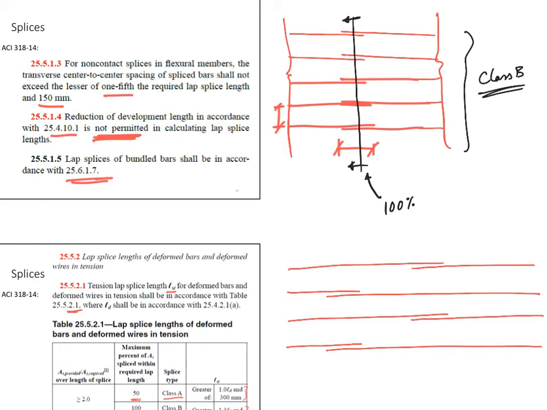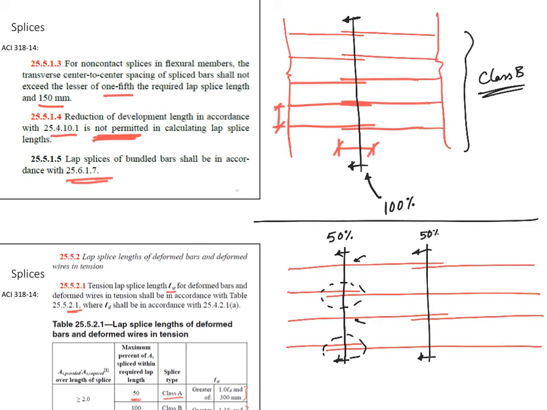So at any section of the splice, I have some of my bars being spliced, like this, and other bars not being spliced, like this one and this one. So in this case, if I just look at these 4 bars, I have exactly 50% being spliced, right? At this section, I have 50% being spliced. You got the idea?